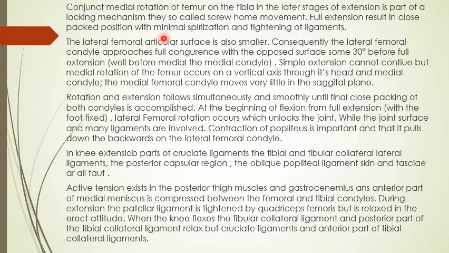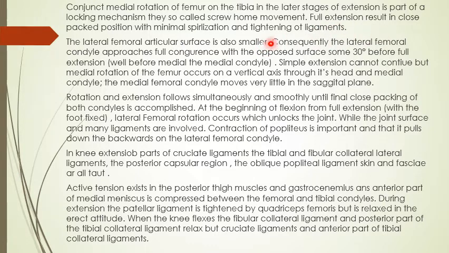Now what happens is that the lateral femoral articular surface, as I told you, is smaller. The lateral condyles of the femur and tibia are smaller, or the articular surface is smaller, as compared to the medial.